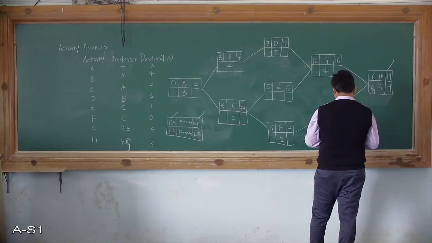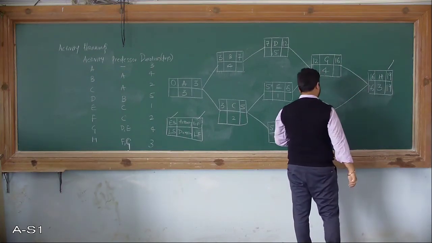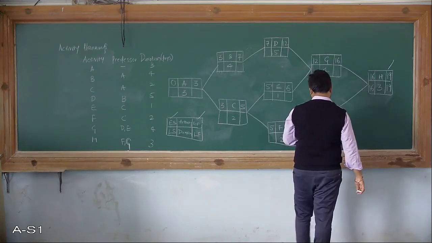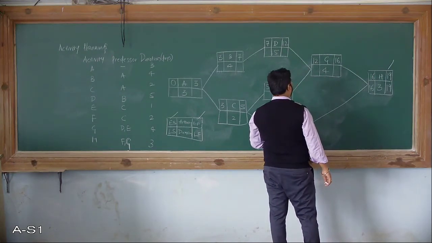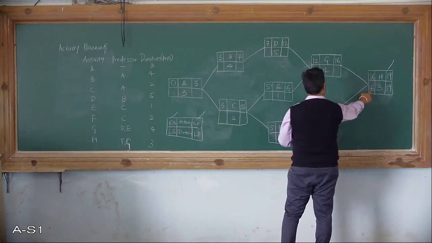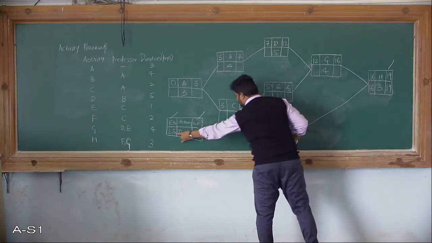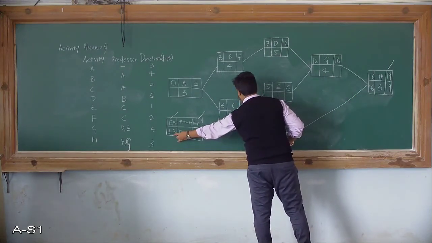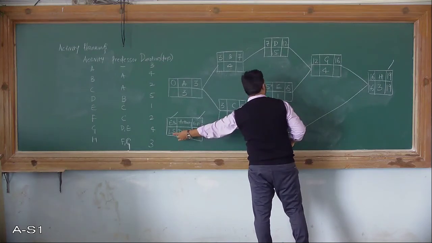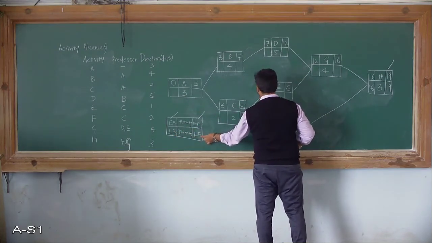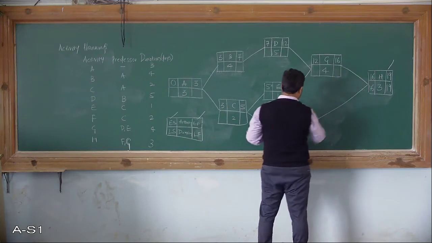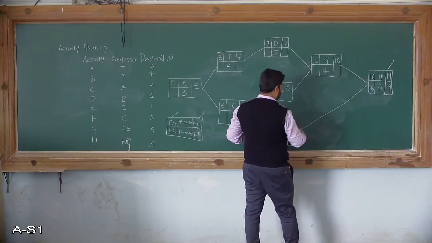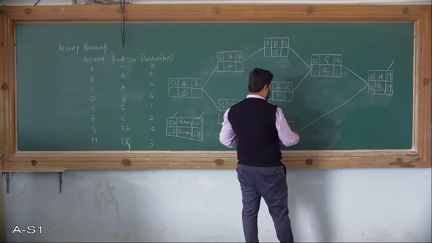So this 16 comes here. You can observe the late start of that particular activity becomes the late finish for these activities, because this is the precedence that depends on this particular activity.